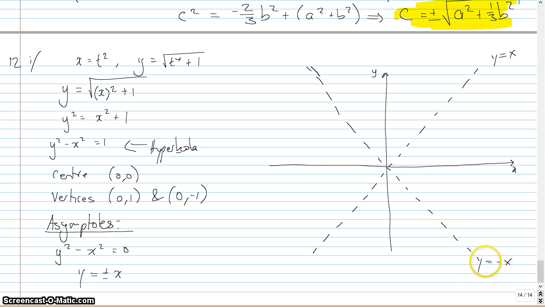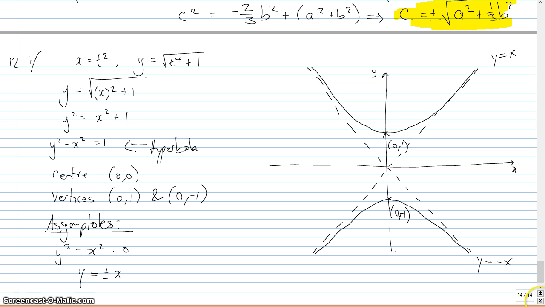Vertical orientation, so it's going to look something like this. Sorry, that shouldn't actually touch my asymptote. I've been a bit bad there. 0, 1. And that is 0, minus 1. So that is 12 part 1.